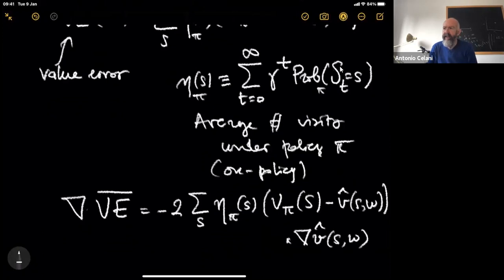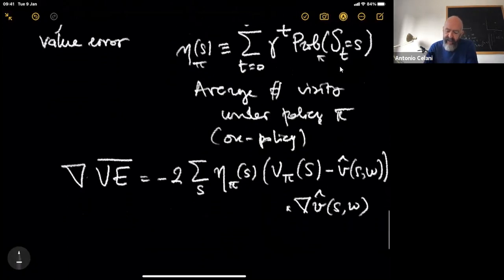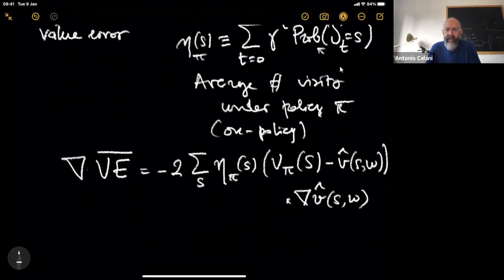I just applied a trivial derivative operation. And then the key step here is that I cannot use this gradient directly because I don't have a model, and so I don't know this, and I don't know this. So the gradient is not measurable if I just have this sequence of states that I'm visiting. I have to replace this object with something which I can measure.